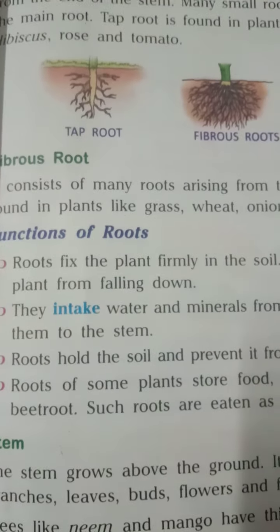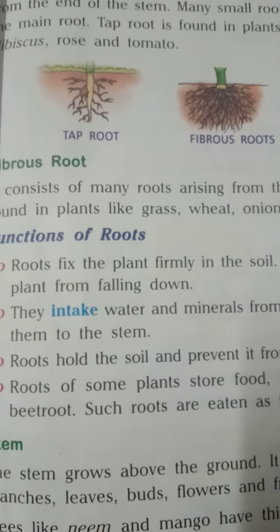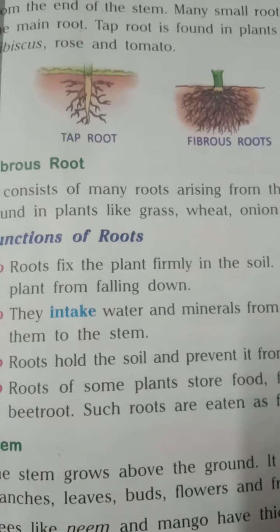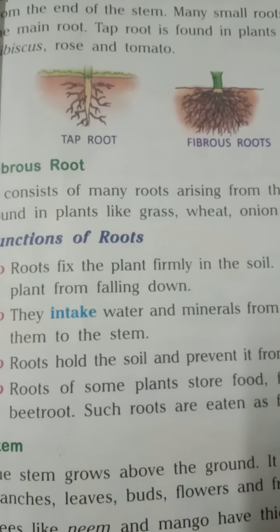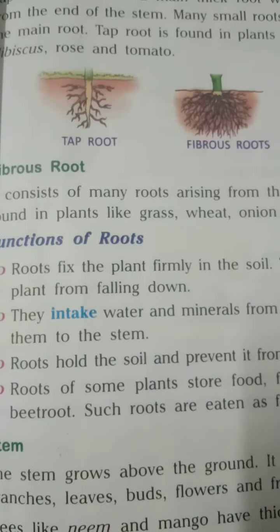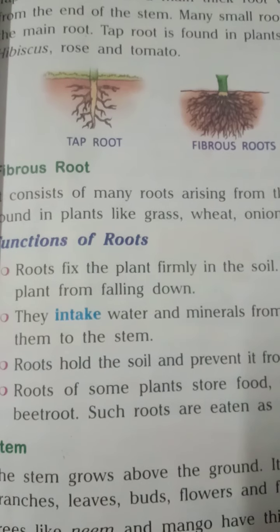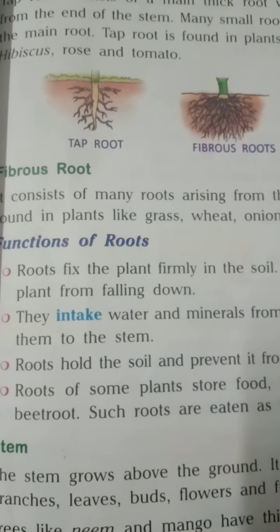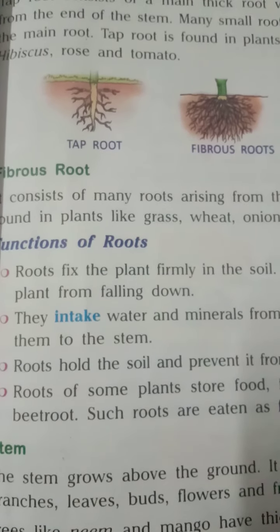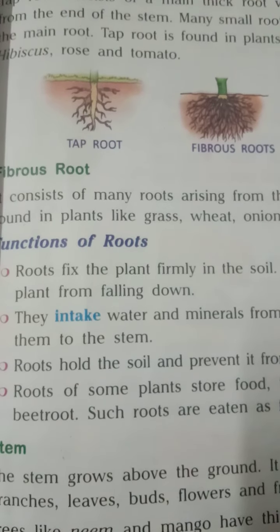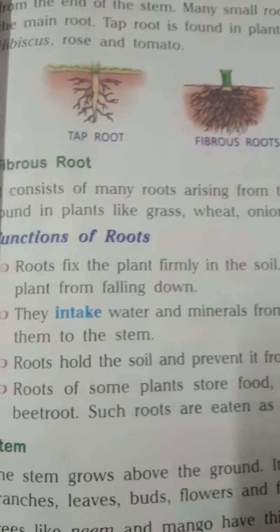Student, the plant remains upright in the soil with the help of roots. Roots are like human feet. The way a human stands on their feet, likewise a plant stands on its roots, and roots prevent plants from falling.